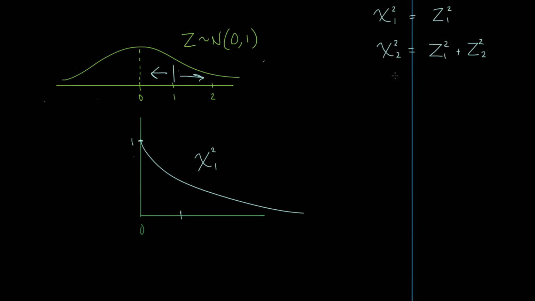Okay. And if we wanted a chi-square with 3 degrees of freedom, we simply need to take the sum of 3 squared independent normal distributions.